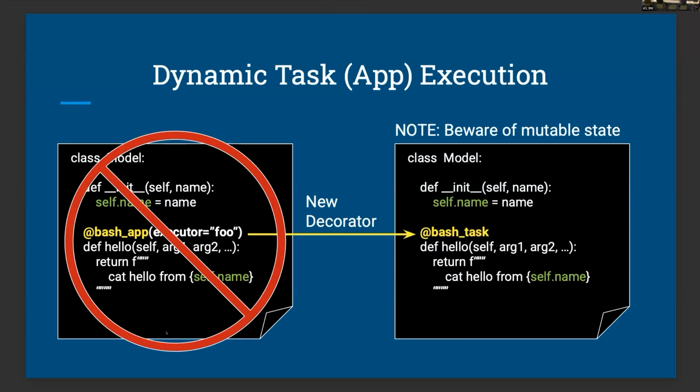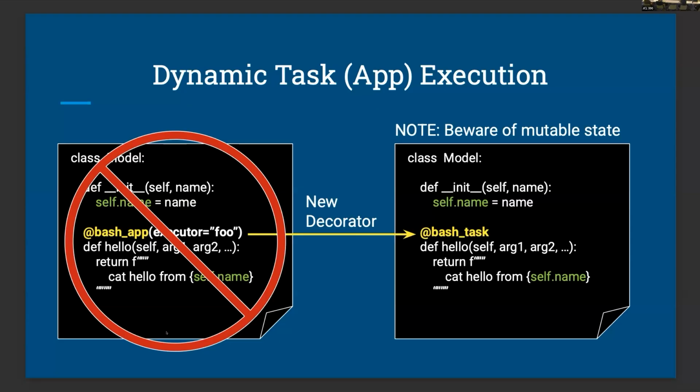So to get around this, we created a new decorator that wraps the Parsl decorator. And the way that this works is that it actually creates the Python apps at runtime. So it dynamically creates the app and then executes it all in one call.